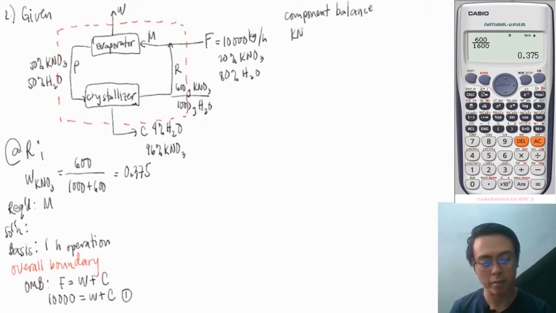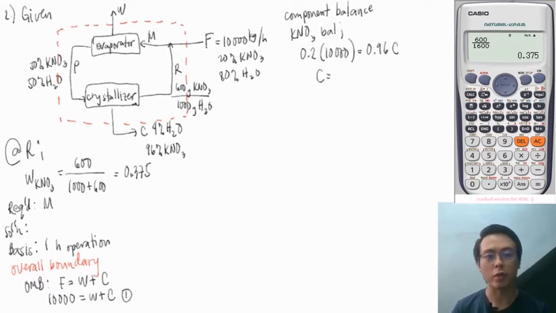Potassium nitrate. So what is our balance? 20% of the feed, so 0.2 times 10,000 is equal to, there's no potassium nitrate in W, so it's 0.96 times C. From this equation, we can directly solve for C. 10,000 times 0.2 divided by 0.96.